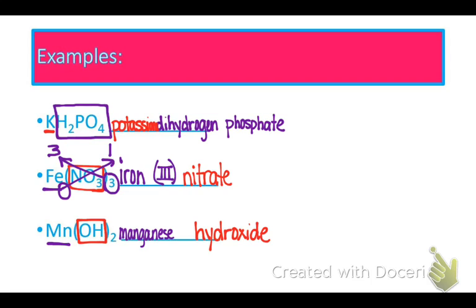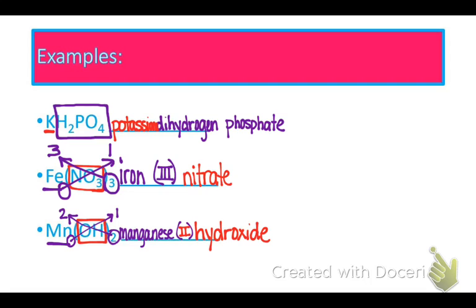And manganese is one of those that requires a Roman numeral. So again, do your uncrossing. The 2 comes up here. The 1 comes up here. And then ask yourself, does OH make a 1 charge? And it does. So your Roman numeral will be a 2.